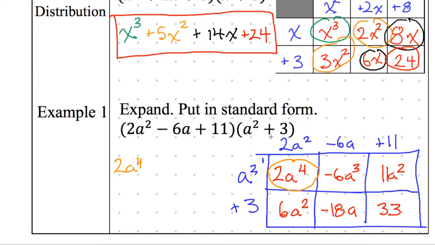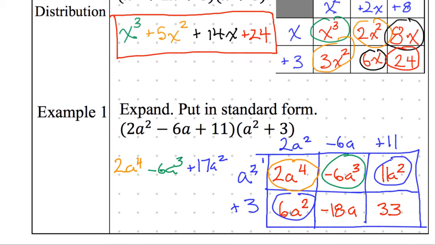Andrea, combine all of the a to the 3rd terms. Just negative 6a cubed. All right. Then D3. 17a squared. So those were my a squared terms. All right. Negative 6a squared is negative.